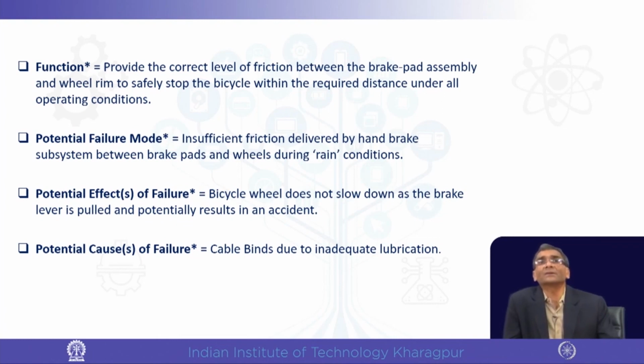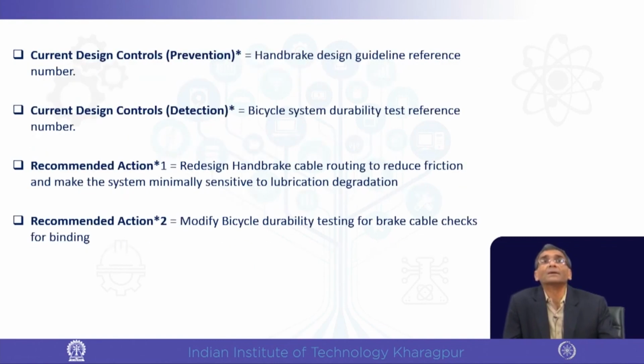Potential cause of failure, cable binds due to inadequate lubrication. Current design control prevention, handbrake design guidelines, reference number. From some reference number it is given, current design control detection bicycle system durability test reference number. So, those are the reference numbers from which this details, that information will be put in. Now, recommended action.